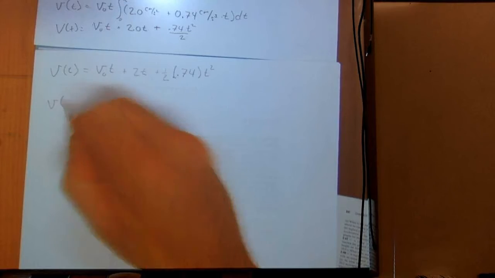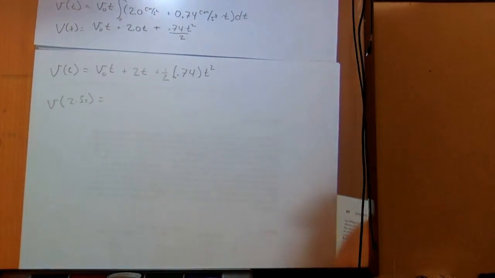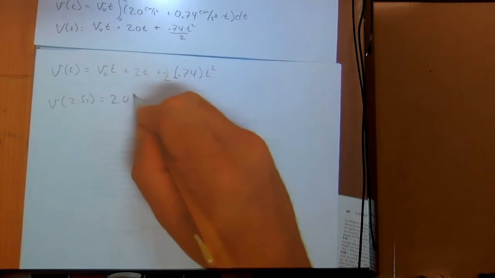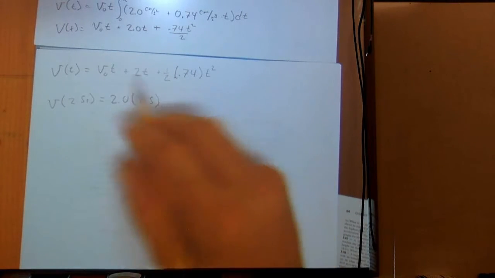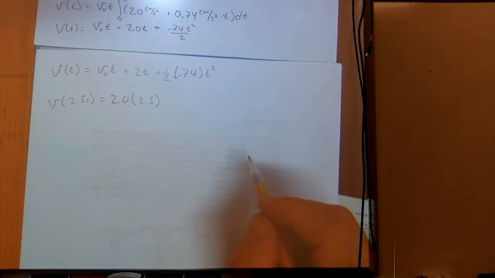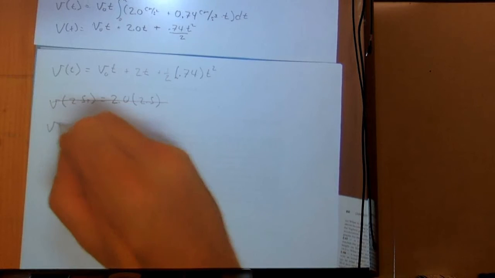I could say v at 2.5 seconds is equal to 2.0 times t, 2.5. Sorry, messed that up. Try that one more time. No, I was right the first time. Not making a mistake.